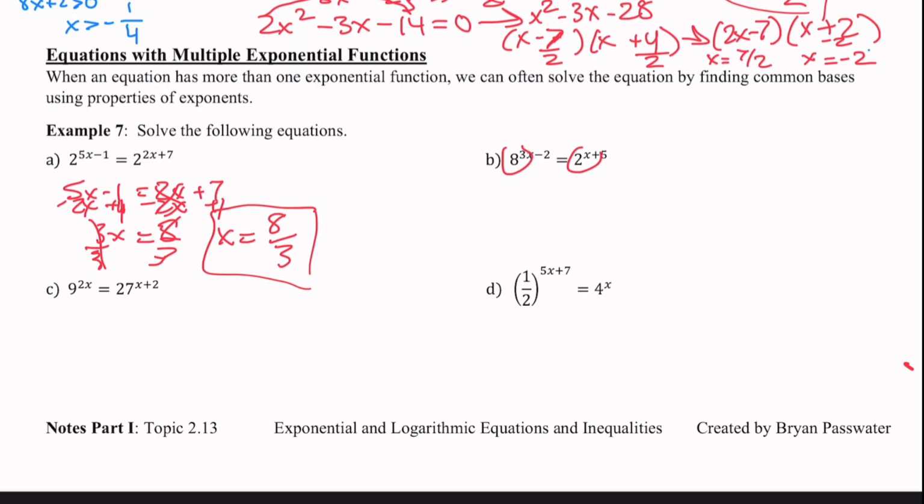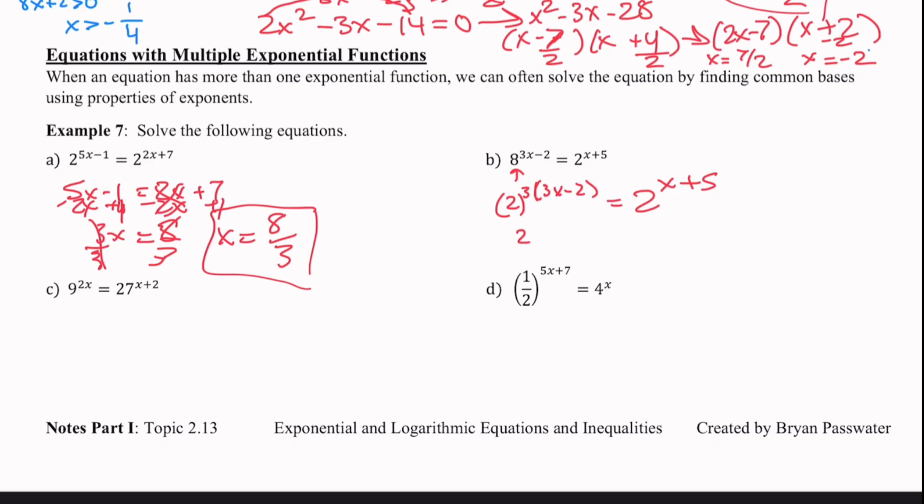Now this one, for example, doesn't have the same bases, so we can change one of the bases. We know we can change this 8 right here to 2 to the power of 3. But that 3 then would multiply the entire exponent up there. So now the bases are the same, but the equation did change, which makes sense. It has to change if we do change it.